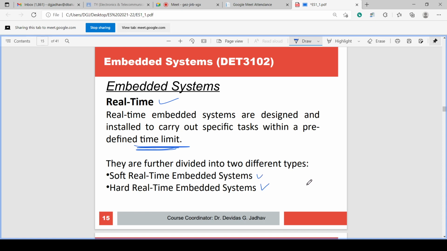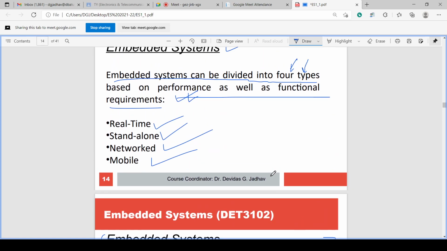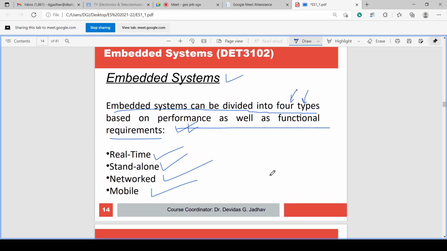It always requires the time limit to be maintained. So these are the two subtypes of real-time embedded system. Real-time embedded system is one of the types of embedded system, isn't it? Real-time embedded system, standalone embedded system, network embedded system, mobile embedded system.